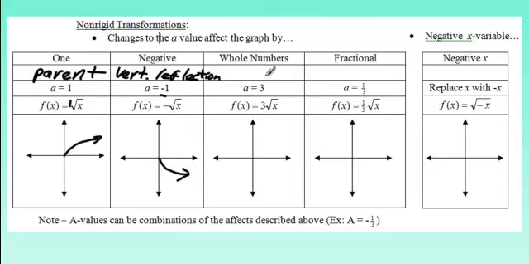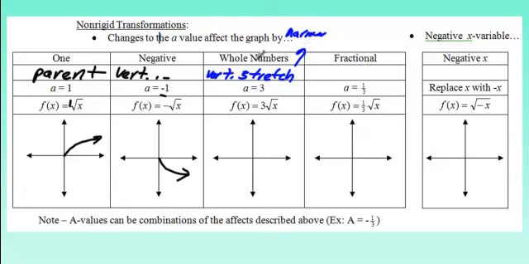If we have whole numbers, numbers that are positive, larger than 1, I'm going to erase this just so I have room to write here. We call this a vertical stretch. I'm sorry. In other words, it's going to be narrower or skinnier.